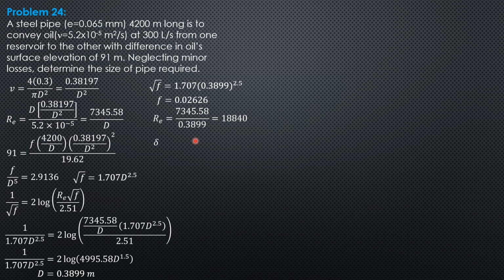Check the thickness of the viscous sublayer: 14.14 times diameter, 389.9 mm, over Reynolds number times square root of f. So it is equal to 1.806 mm, which is greater than e, the absolute roughness of the steel pipe. So the assumption is correct. Therefore, we accept 389.9 mm as diameter, or let's round that up to 390 mm.